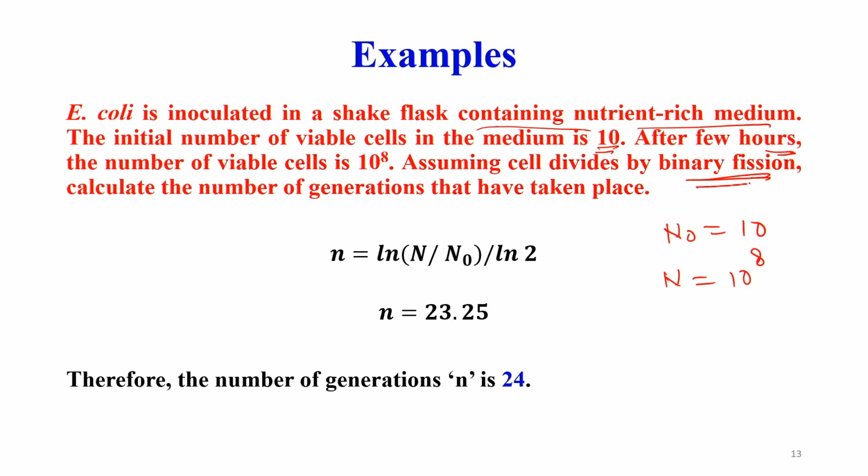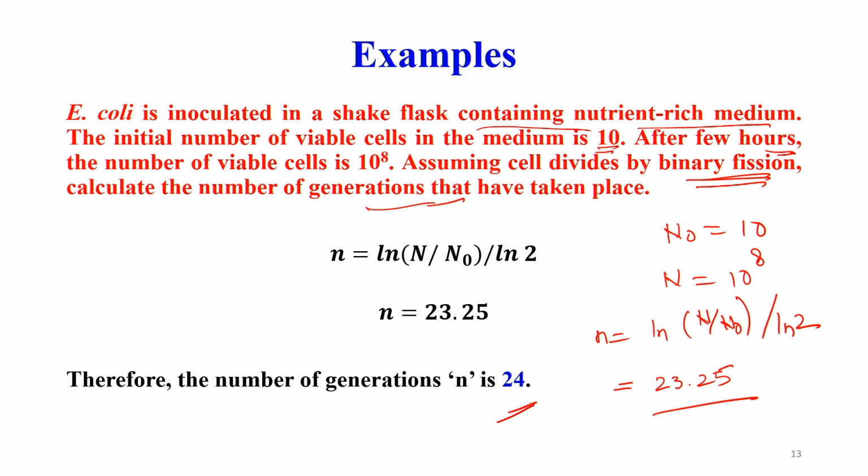Assuming the binary fission, this is important, calculate the number of generations. We already know the formula n is ln(N/N naught) divided by ln 2. You put the value, you will get 23.25. So, it is close to 24 generations.